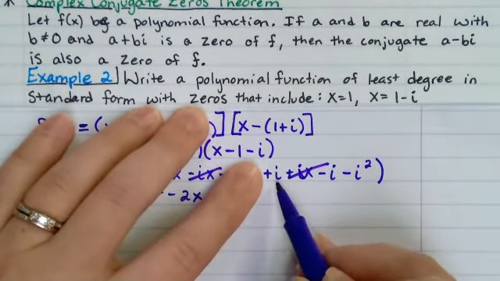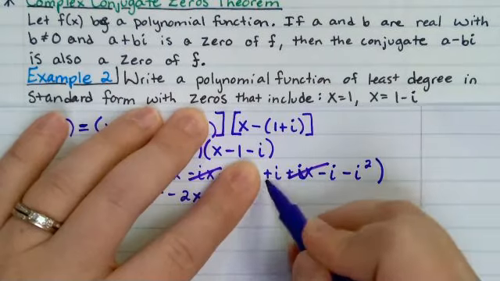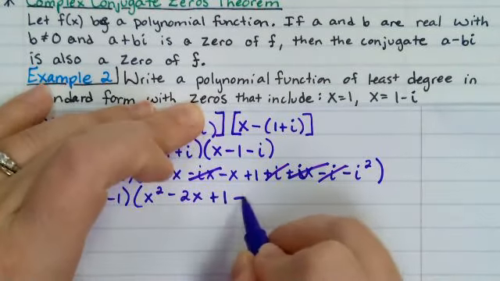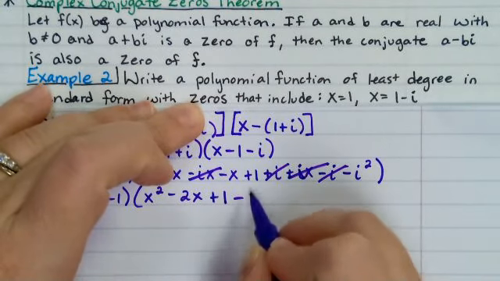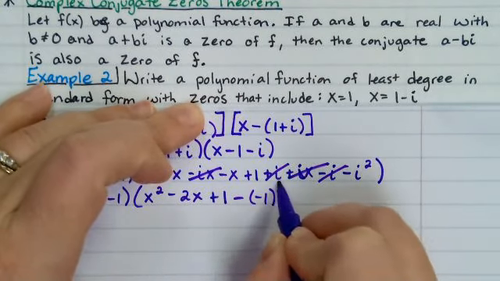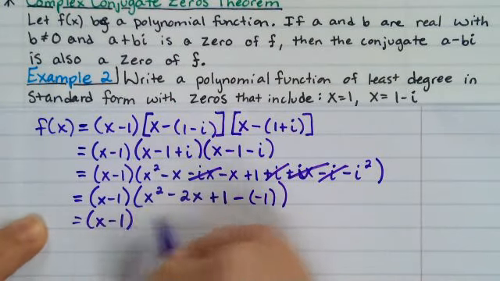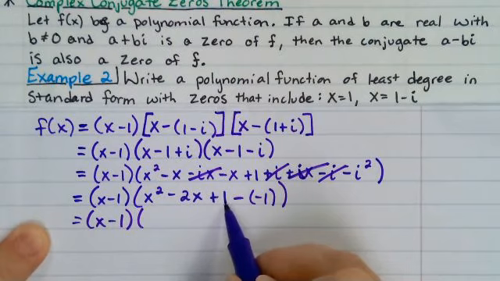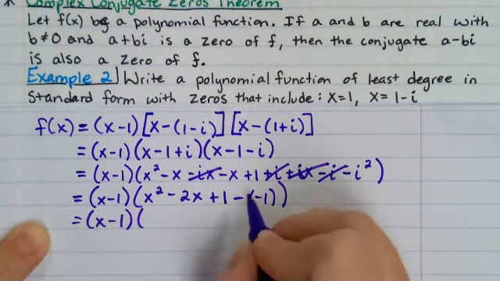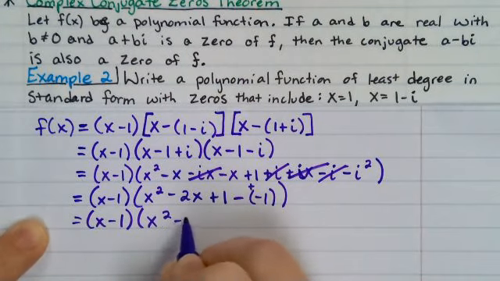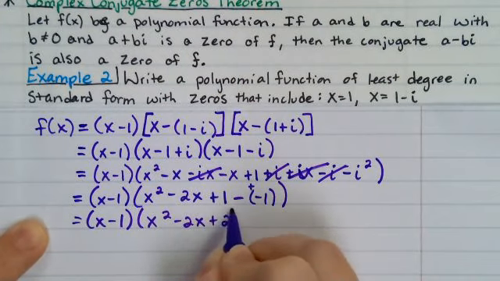We also have i minus i. Those are gone. And then minus i squared. Now remember that minus i squared, that's minus a negative 1. Almost to the next part. So here, 1 minus a negative 1, that changes to be plus, right? So this is x squared minus 2x plus 2.